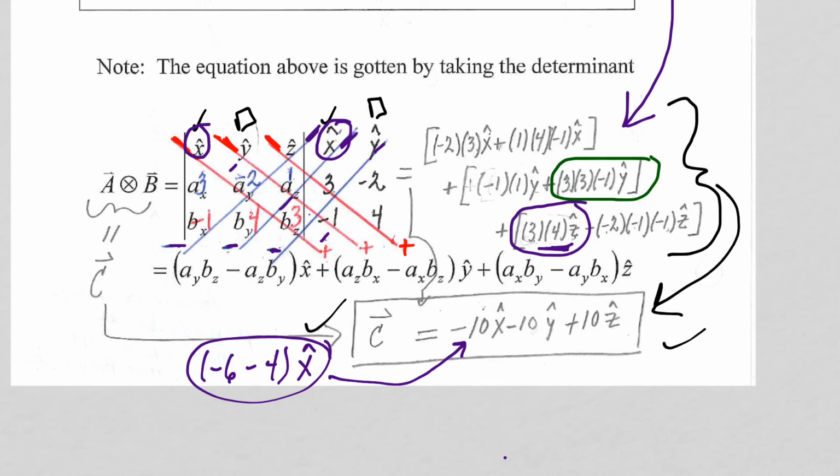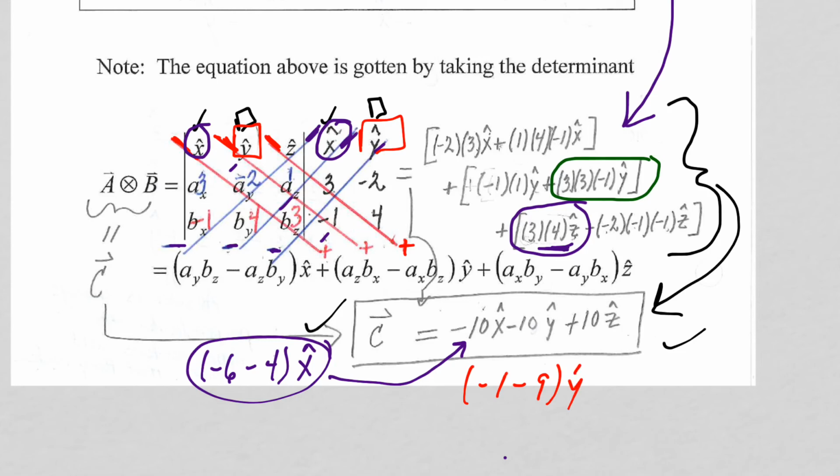We're going to do the same thing for the y. So we're going to take our y and our y. We're going to do 1 times negative 1 is negative 1. We are then going to do 3 times 3 is 9 times negative 1 gives me negative 9.